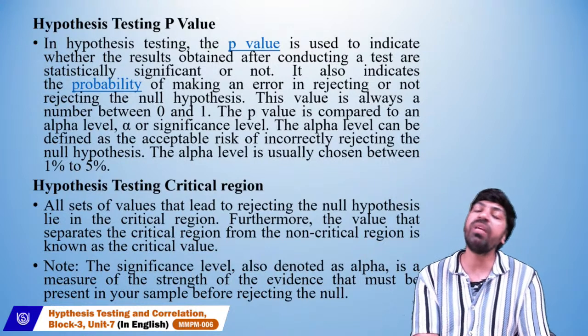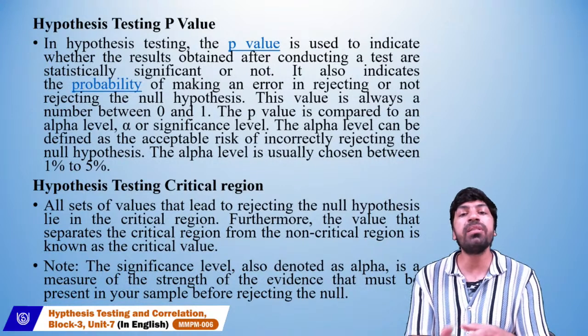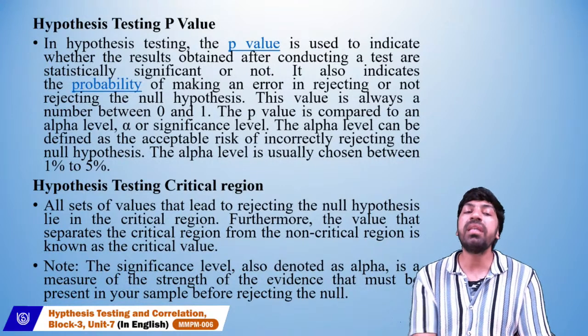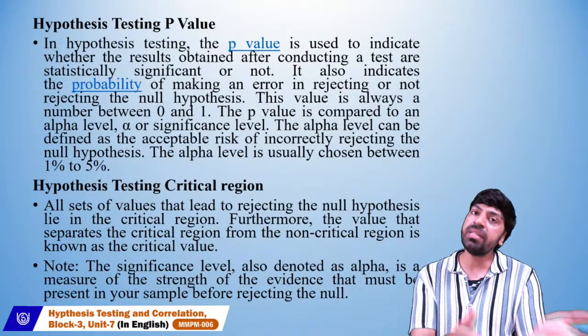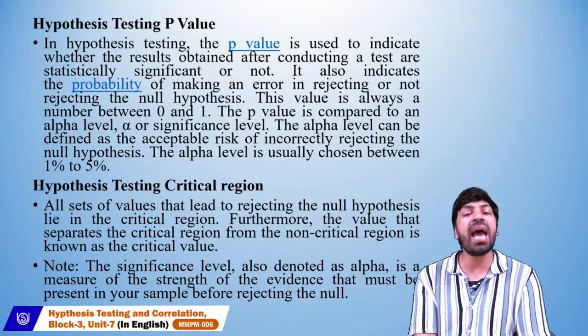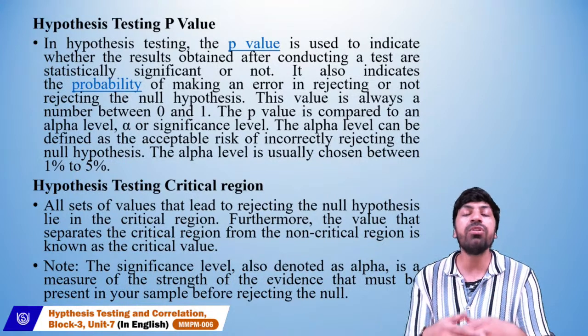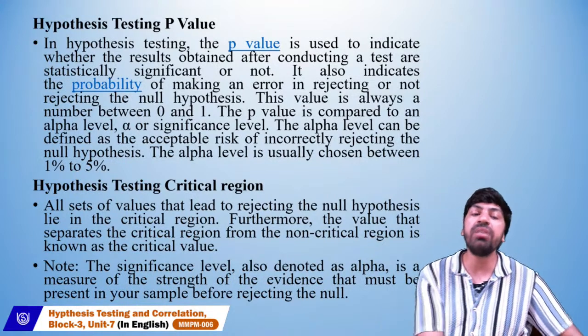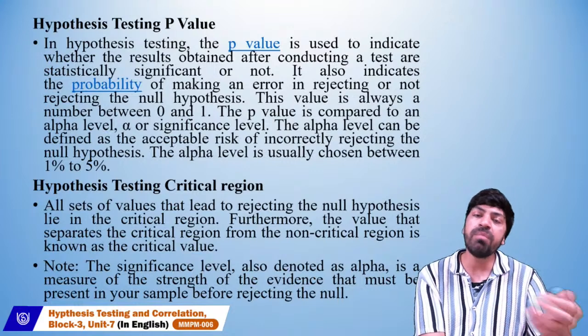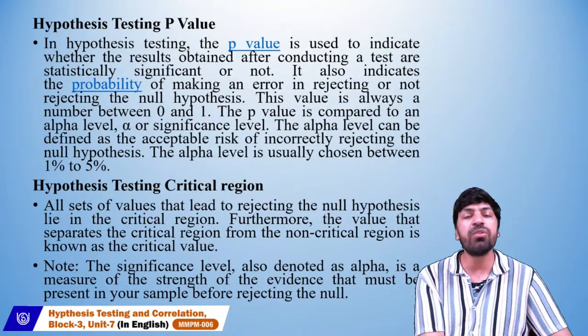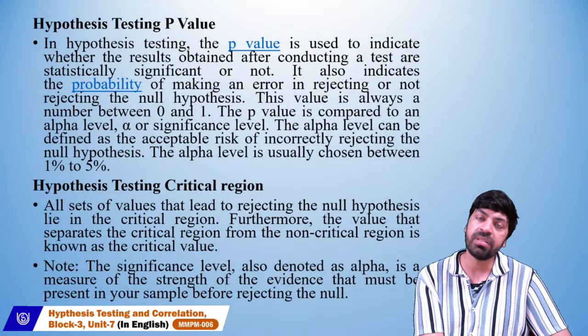Once we calculate the p-value, the second step is to compare the p-value with the significance or alpha level, and the alpha level is usually chosen between 1 to 5%. It could be 1%, 2%, 3%, or 5% as well.